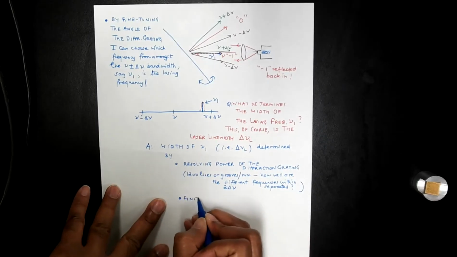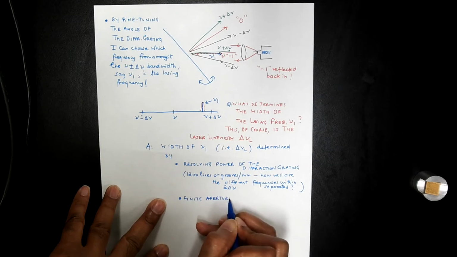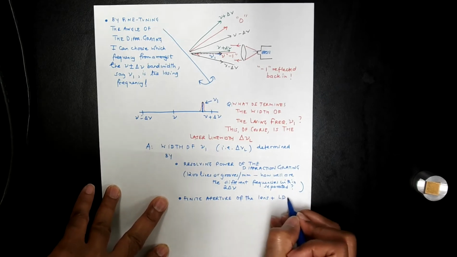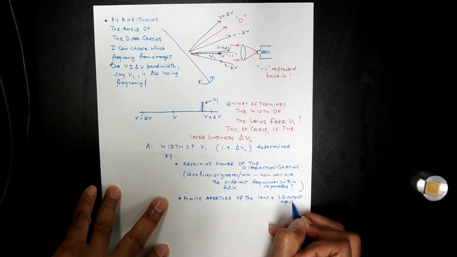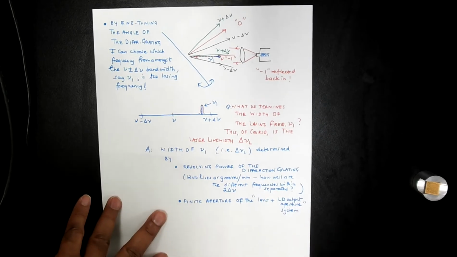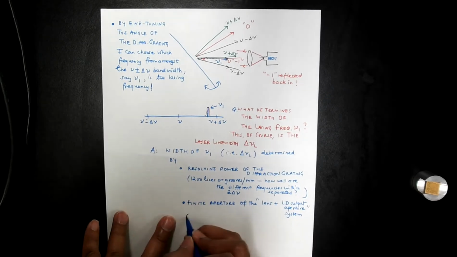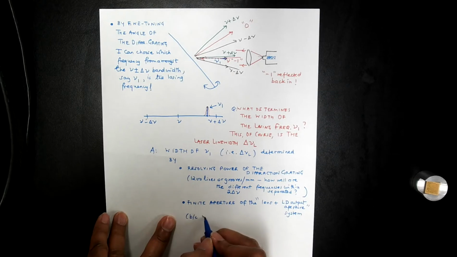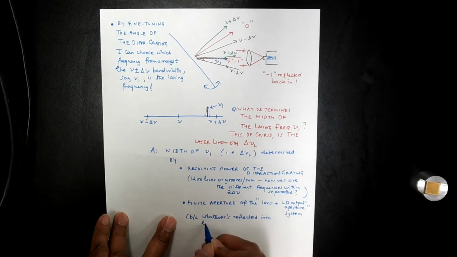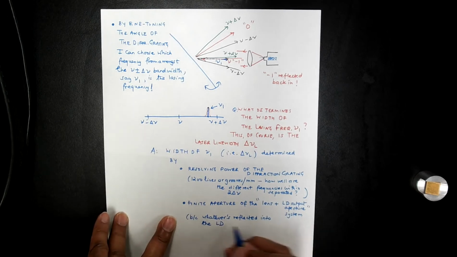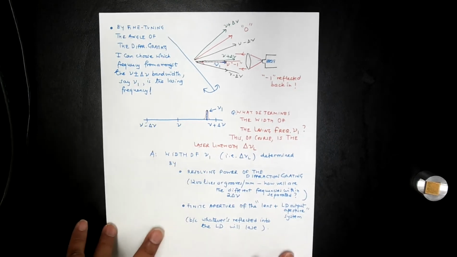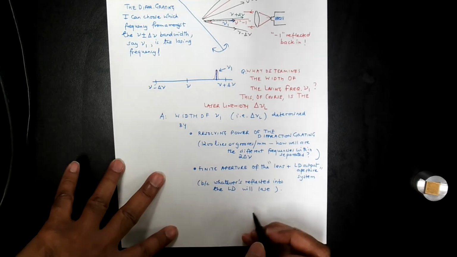So the finite aperture of the lens plus laser diode output aperture of this system also matters, because whatever's reflected into the LD will lase.